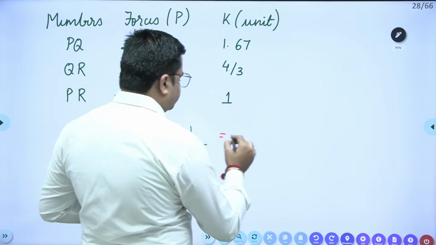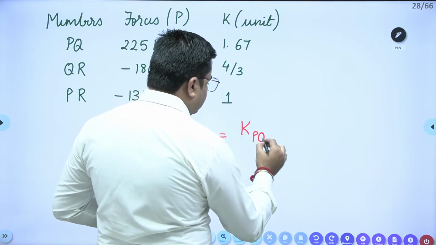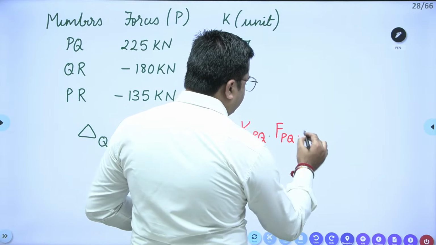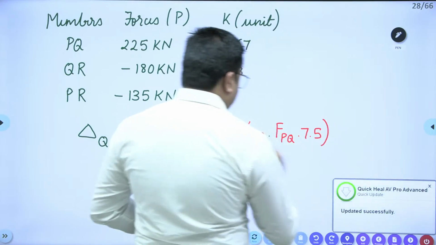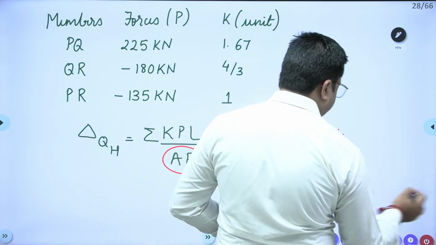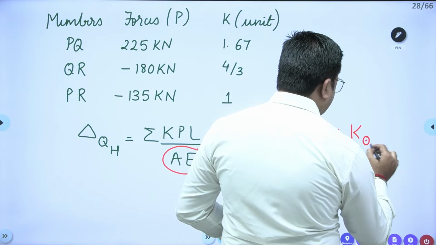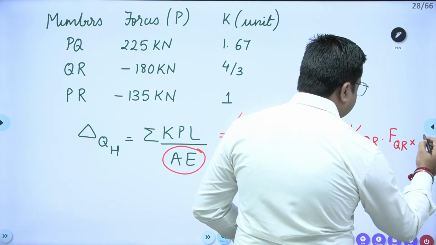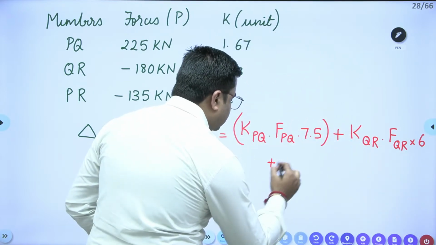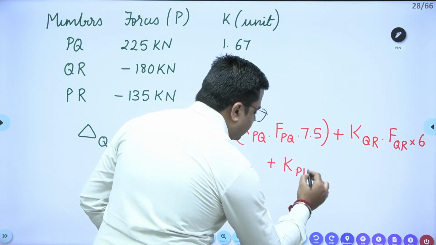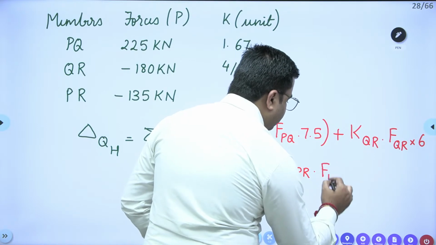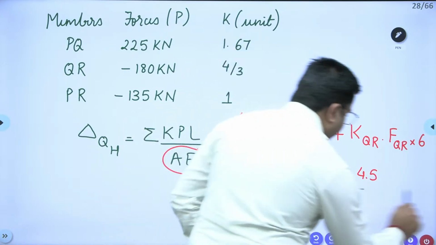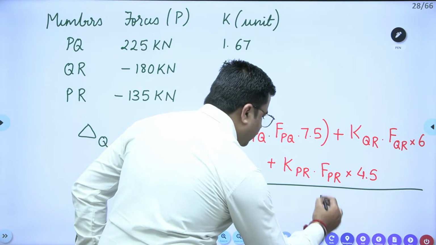So I have this KPQ multiplied by FPQ into length of PQ, that is 7.5, plus KQR into F of QR multiplied by 6, plus KPR into F of PR multiplied by 4.5, and this total is divided by A into E, that is given in the question.